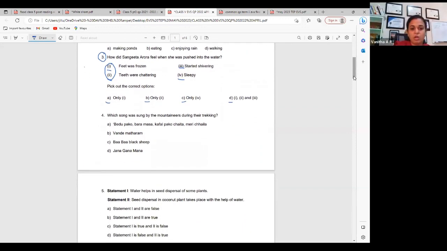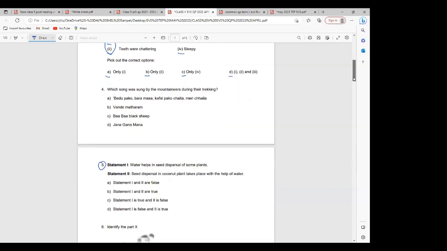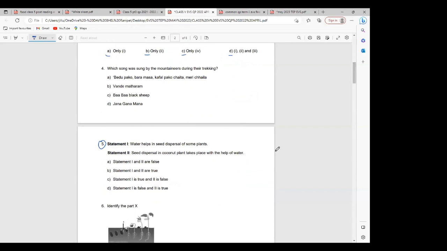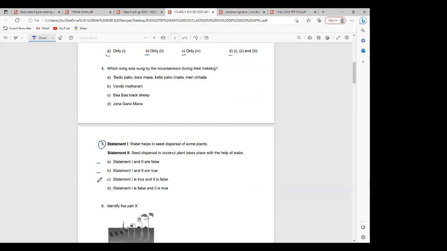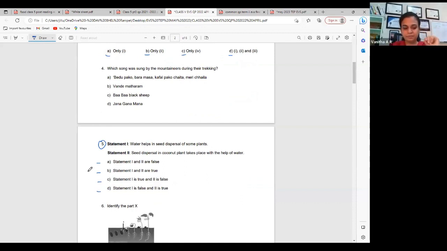And now, again, there's one more variety, which is question number 5. If you could see here, statement 1 and statement 2. Statement 1: water helps in seed dispersal of some plants. Statement 2: seed dispersal in coconut plants takes place with the help of water. The child has to read the statements and identify from the 4 options which is the correct answer.